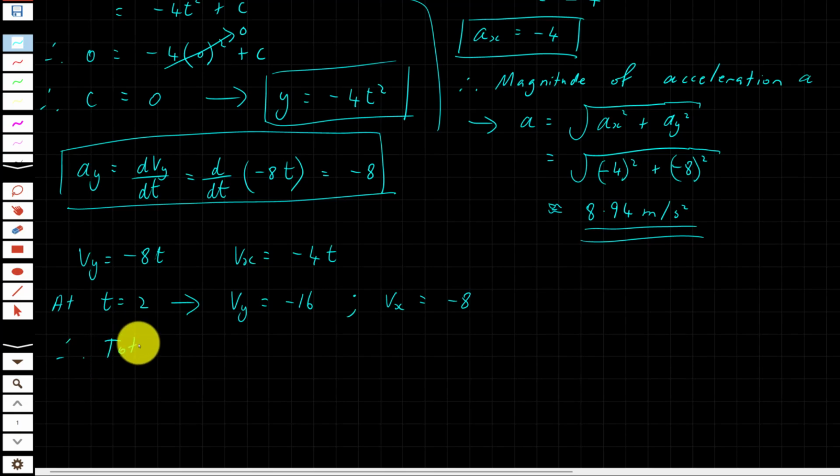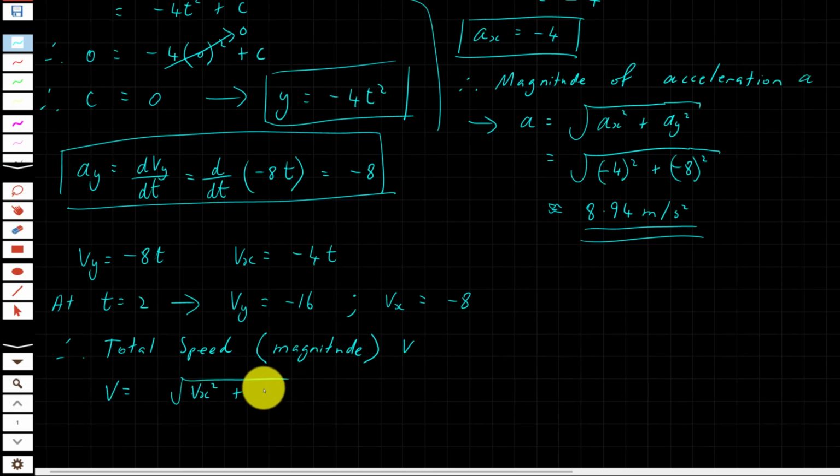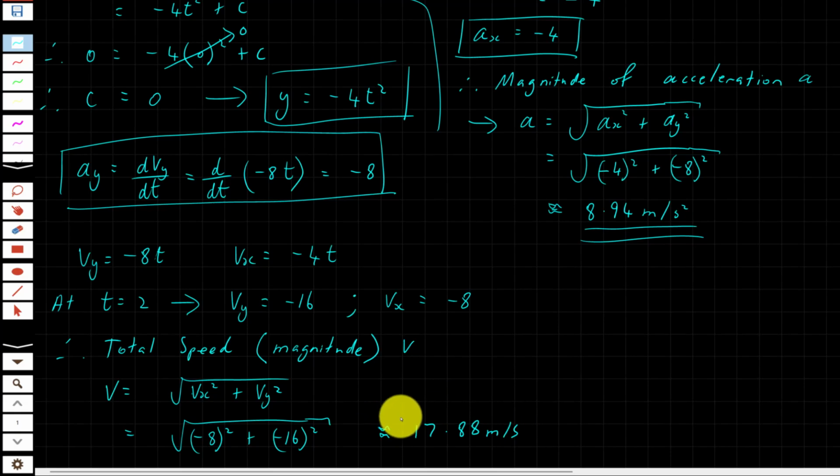We can now find the magnitude of velocity, or the resultant velocity, combining Vy and Vx. So V equals the square root of Vx squared plus Vy squared, which equals -8 squared plus -16 squared, which equals 17.88 meters per second approximately.